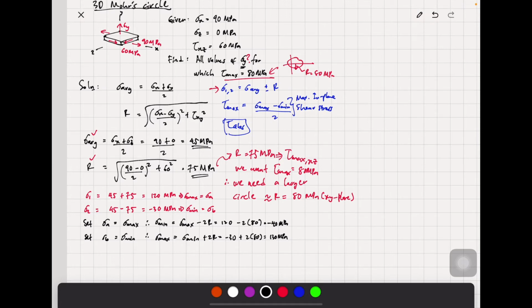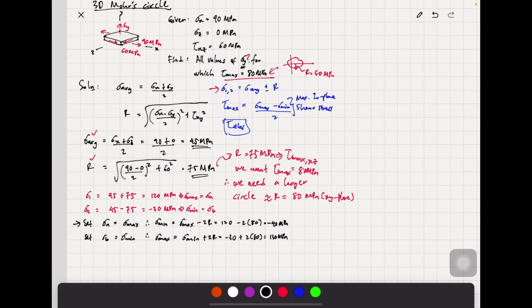Hopefully you can absorb that, right? I'm going to use the first one. I'm going to say sigma A is the maximum. Sigma max equal to sigma A, which is 120, is the maximum for this system. Of course, you need to assume, and the question is asking for all values of sigma y.